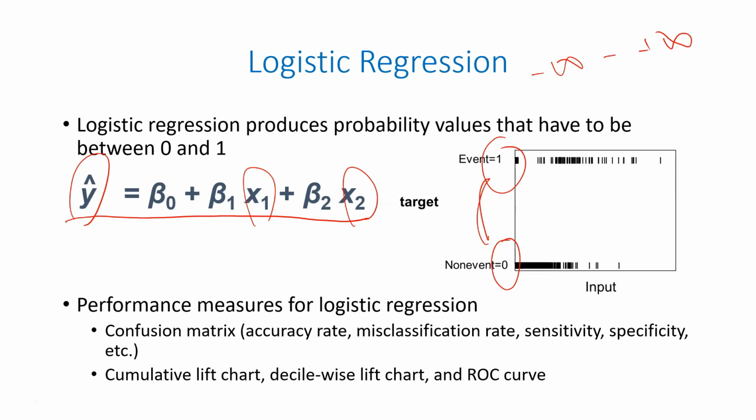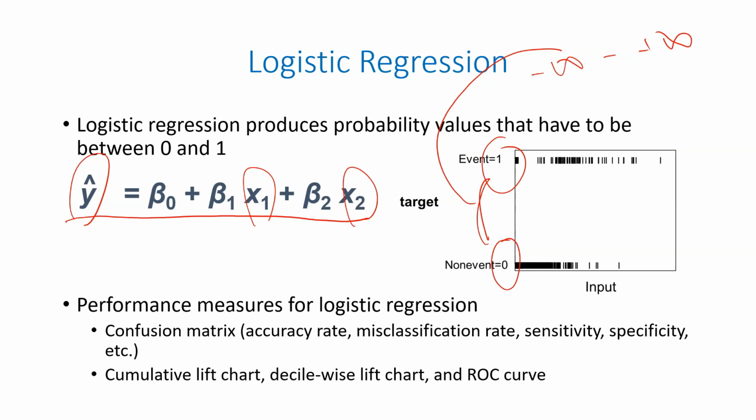So in order to solve this problem, a series of data transformations must be conducted in order to convert the probability values that are bounded to unbounded values that can be produced by the regression function.